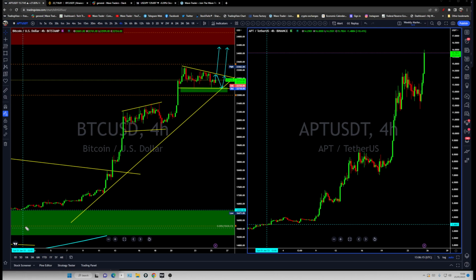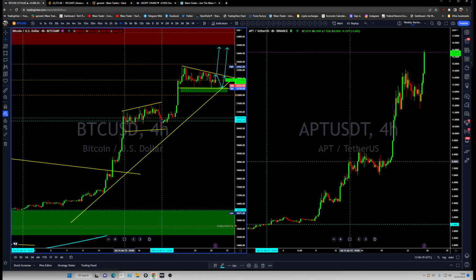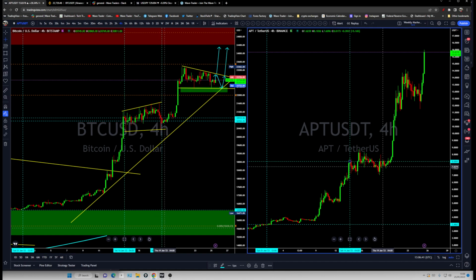On 1st of January, we have seen that the trend started to build for upside. Similarly on APT Tether, we have seen the trend started to build for upside. So we have seen corrections at almost the same time on both charts. Correction started and finished on this date, started and finished on this date, for the next leg higher.